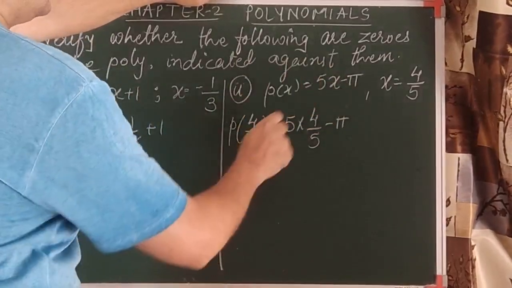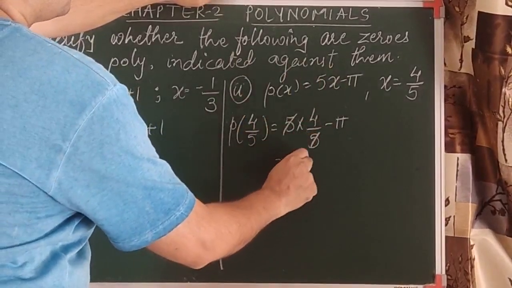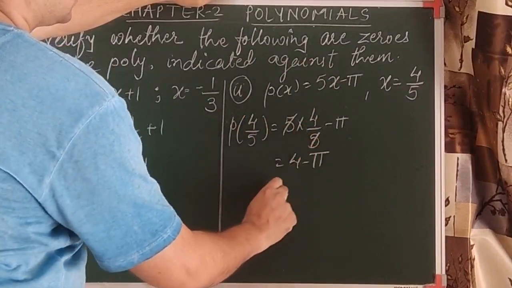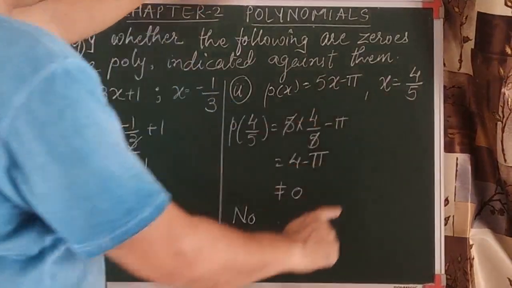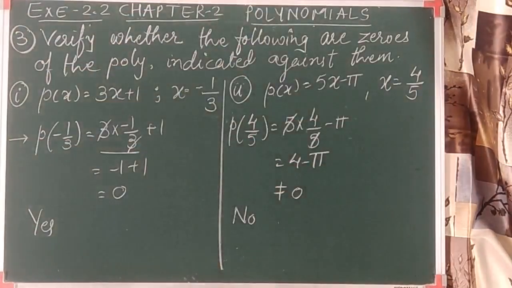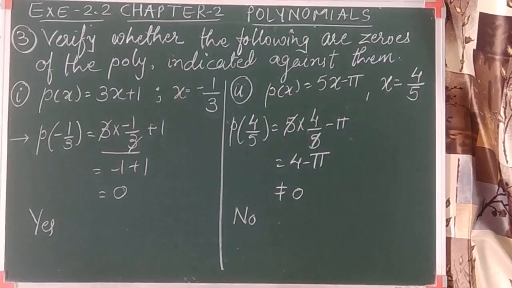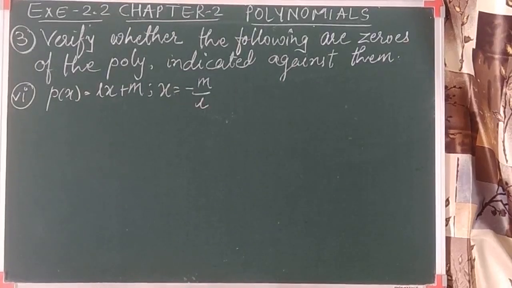Again it is linear. Again this 5 cancels, we get 4 minus pi, which is not equal to 0. So we can say that the value of x, 4 upon 5, is not considered a zero of the given polynomial.